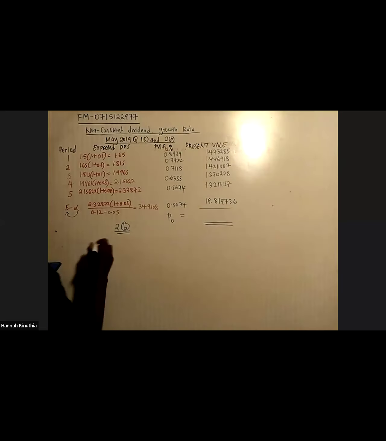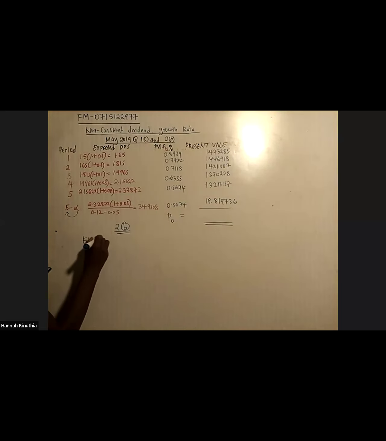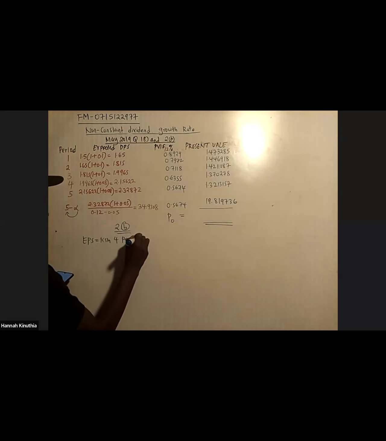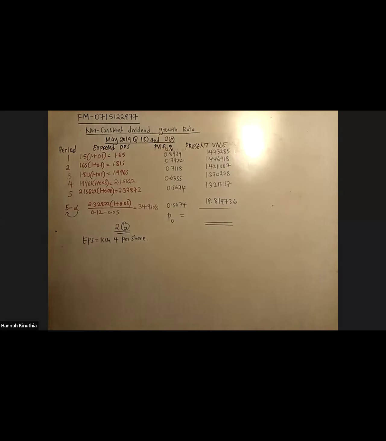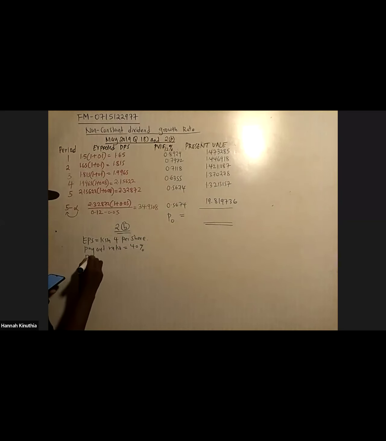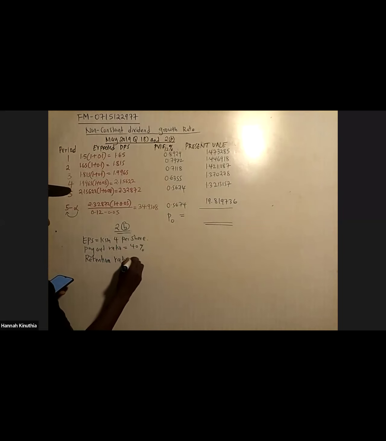Number 1, EPS. What is the EPS? Kenya shillings 4 per share. Number 2, the firm issued 10 ordinary shares. The payout ratio is 40%. Meaning the retention ratio is 60%.